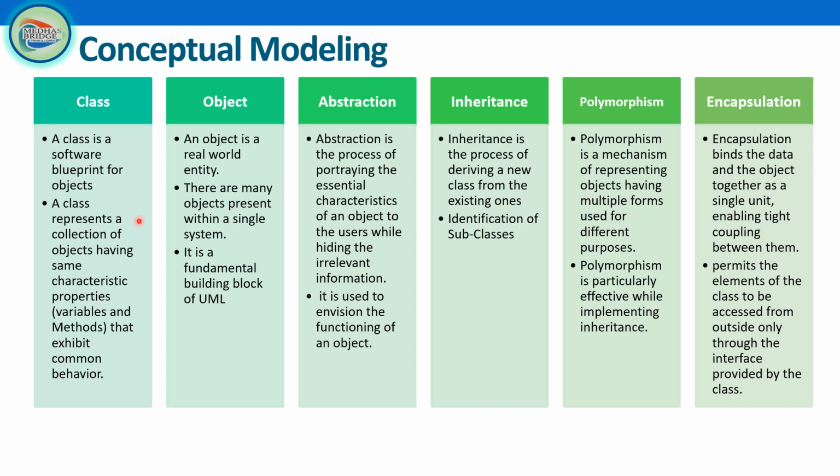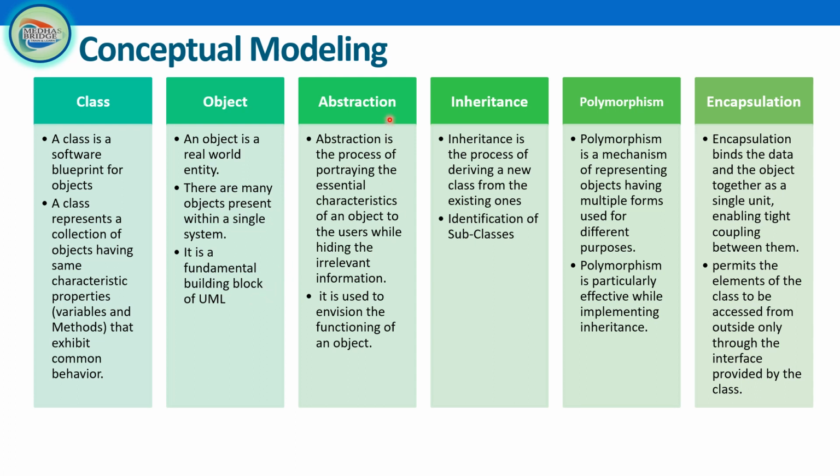A class represents a collection of objects having the same characteristics, properties like variables and methods, that exhibit a common behavior. An object is a real world entity. There are many objects present within a single system. It is a fundamental building block of UML.